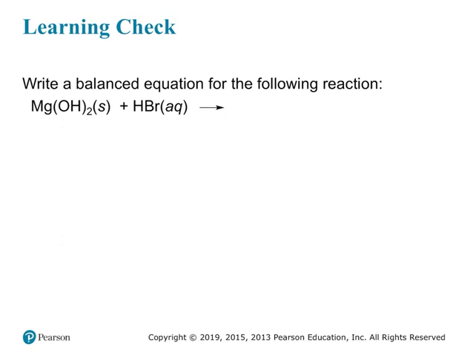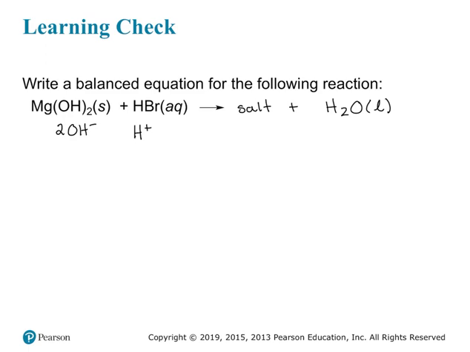All right, so again, according to our previous technique that we just went over, we have 2 hydroxide ions, but only 1 hydrogen ion. Okay, and we know that we're supposed to form a salt and water.